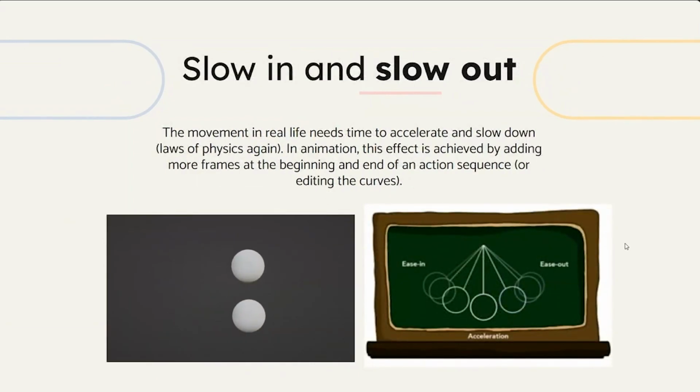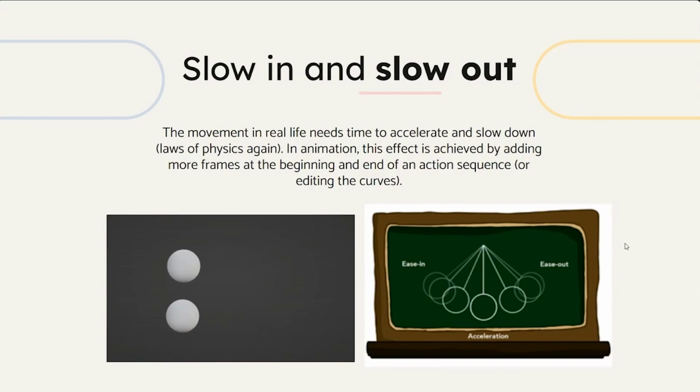And slow in, slow out. I added here the example of the pendulum because, as you can see, these two spheres are moving the same distance and they have the same number of frames. But the first one looks very boring and mechanical, and the second one has this speeding.